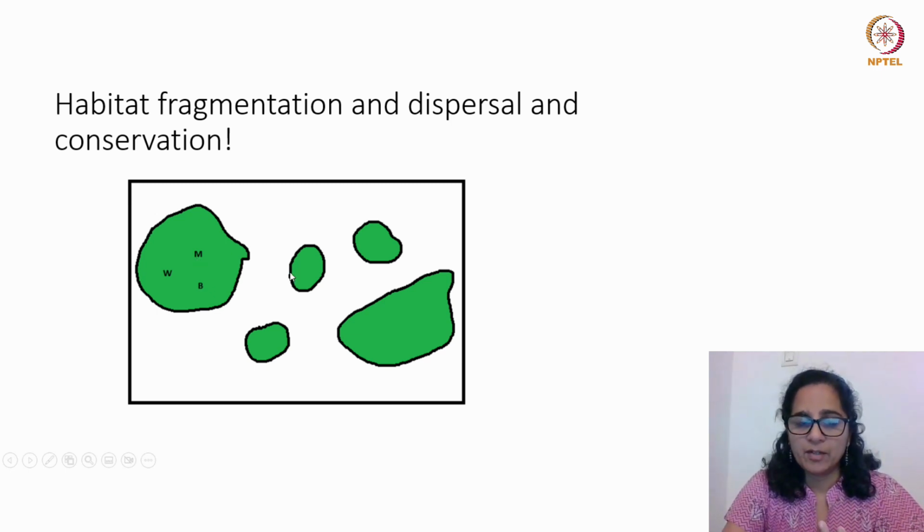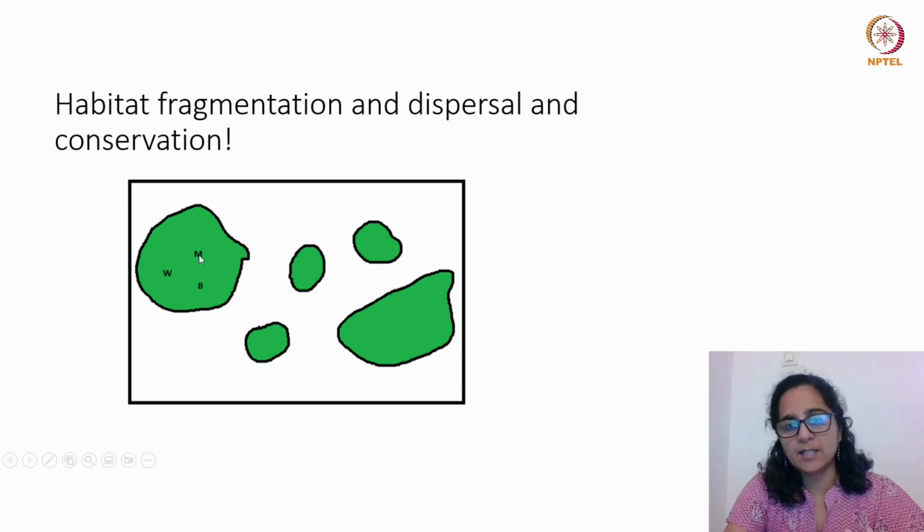So suppose, for example, there are plants whose fruits are eaten by monkeys and they have to be dispersed here. Is it possible, or how likely is it that these seeds reach this patch of forested land? Monkeys might be scared to walk from one habitat patch to another because, let's say, there's a lot of heavy traffic in this area.